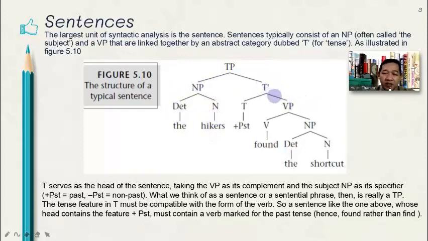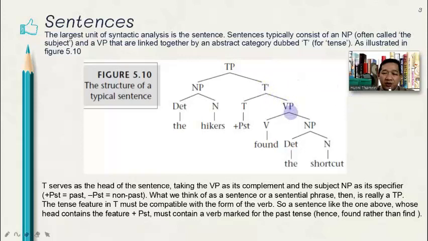Next, tense. It means the time in the past. Tense T is plus past tense, which means past situations. And then there is a verb phrase.